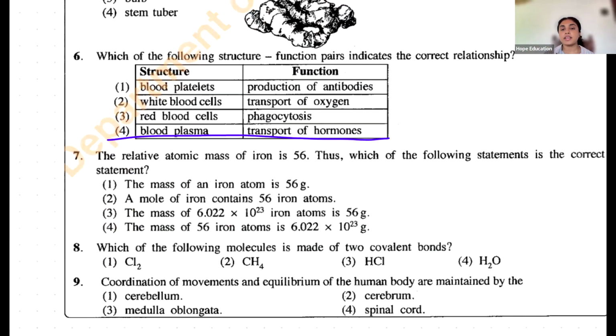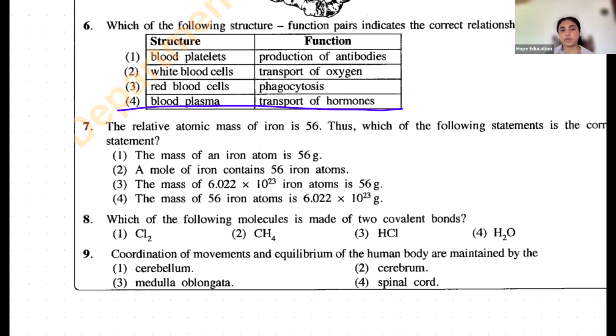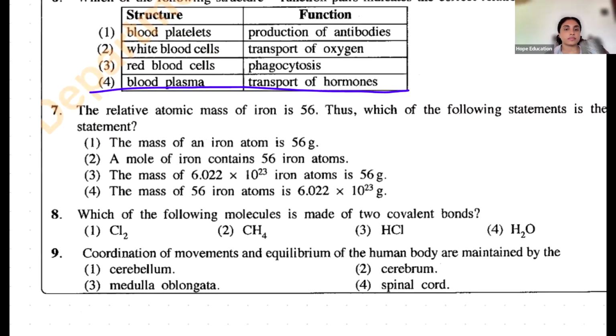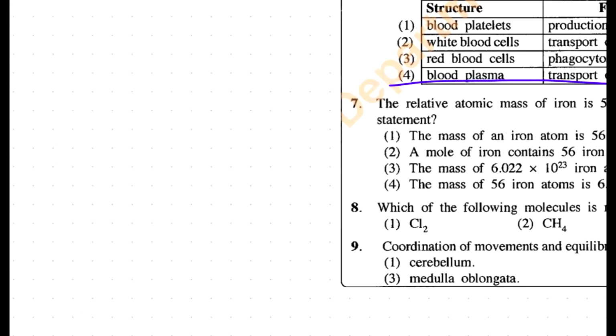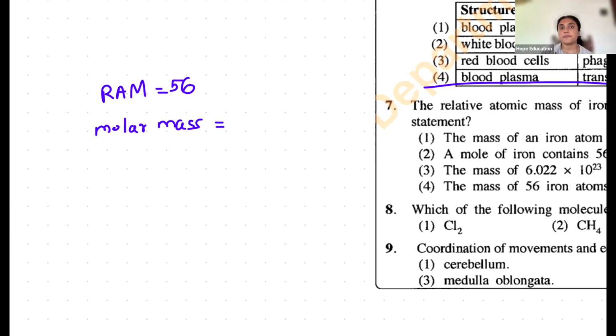Okay. The relative atomic mass of iron is 56. Thus, which of the following statements is the correct answer? What do you think? If the relative atomic mass is 56, what is the molar mass? 56 grams per mole.